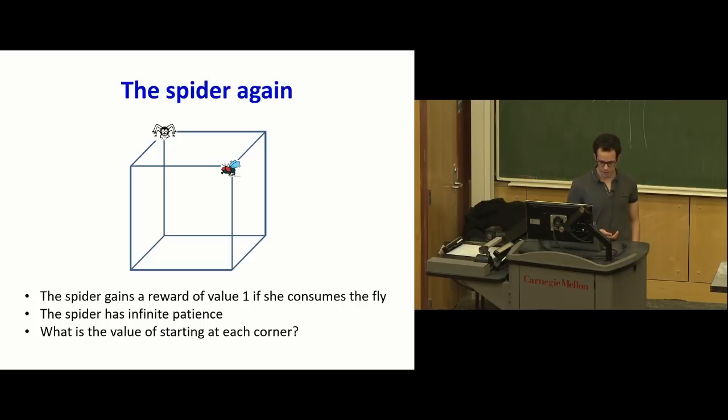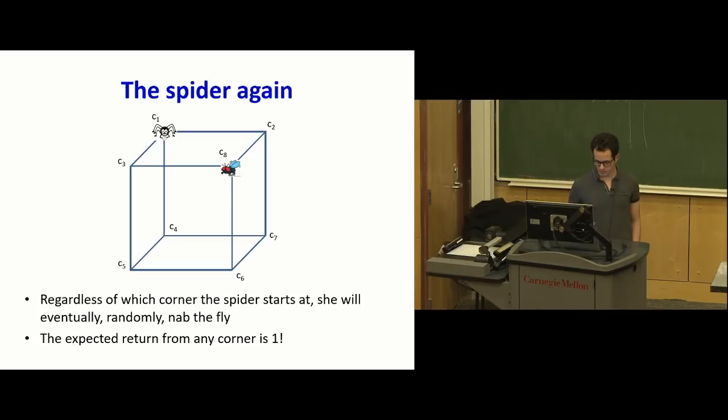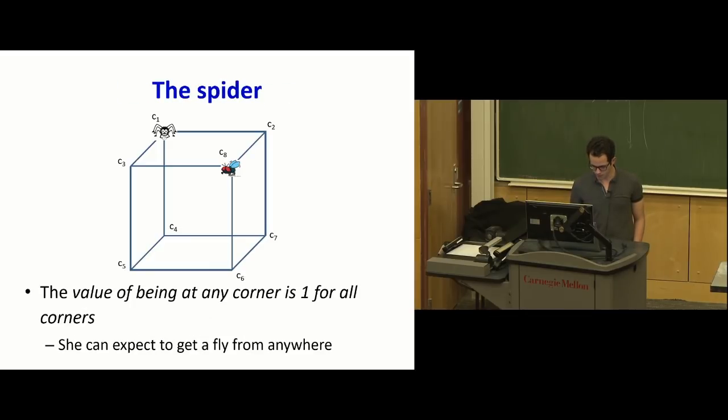The expected return, which is what you are interested in, is going to be 1 for every corner, precisely because you've got gamma 1, infinite patience. You don't care where you start. You're going to end up getting the fly. So you can expect to get the fly from anywhere.